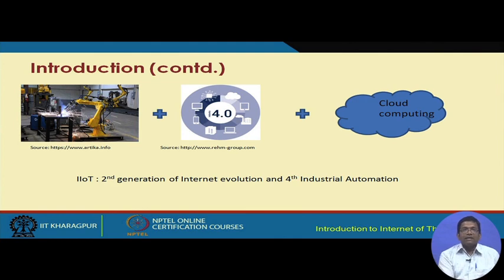So, IIoT basically combines the second generation of internet, the fourth generation of industrial automation and cloud computing. Cloud has become a very popular technology since more than half a decade or so, and it is being used in the industrial sector as well. Cloud offers computational environments, infrastructure, platforms, software, in addition to regular storage.